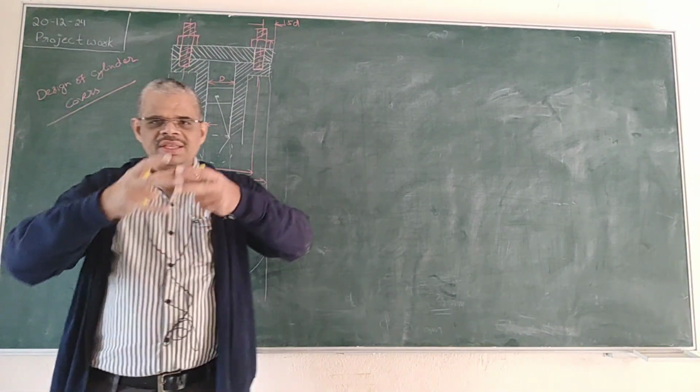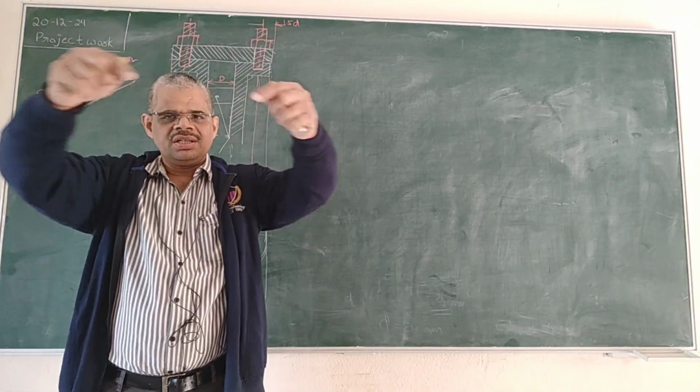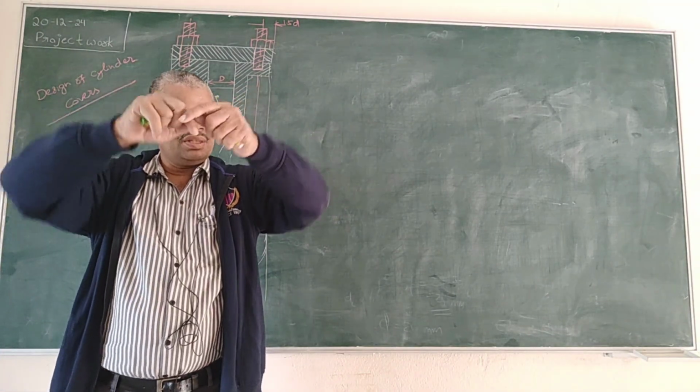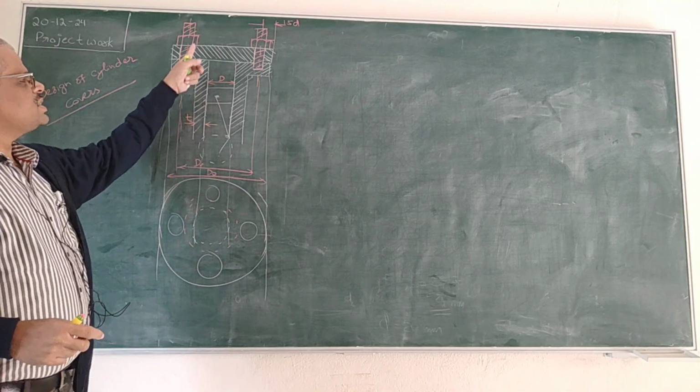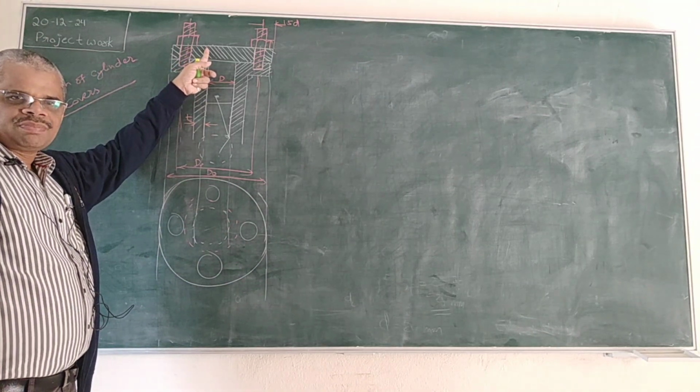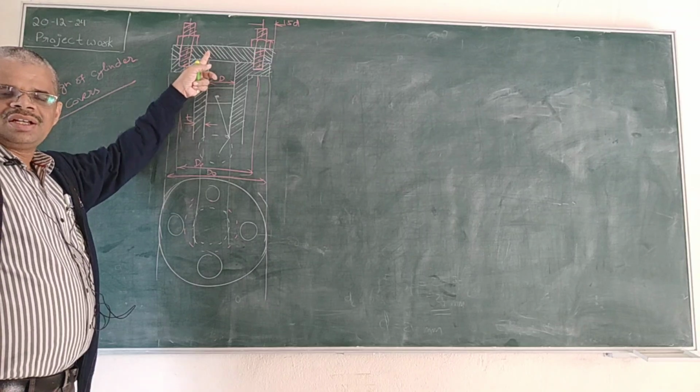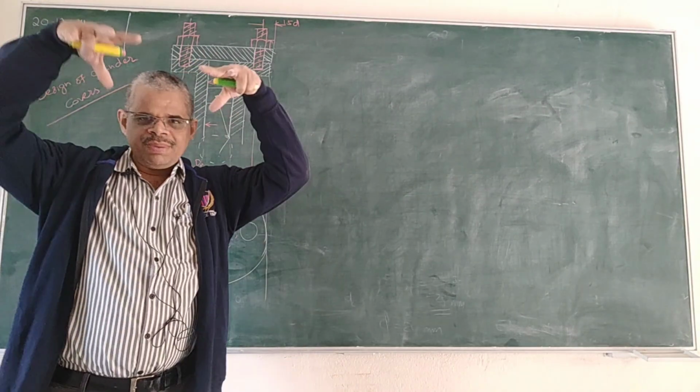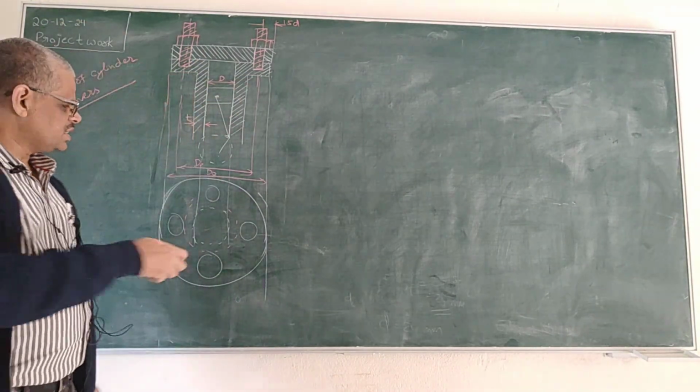Okay, so the cylinder will be there like this, on which a flange will be there, and on that flange this cap is also of cylindrical shape, for example. Okay, so on this cylindrical flange this cap is placed, and there are certain number of holes.